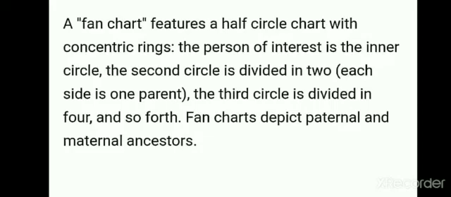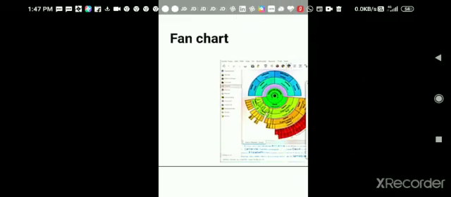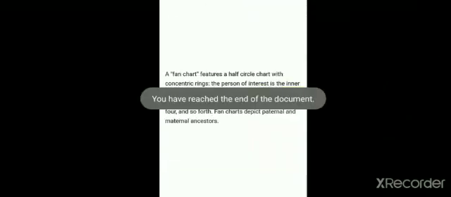The person of interest is in the inner circle, and the second circle is divided into 2, that is father and mother. The third circle is divided into 4, that is paternal grandfather and paternal grandmother, and maternal grandfather and maternal grandmother. Like this the circles are divided. You can see here. Thank you.